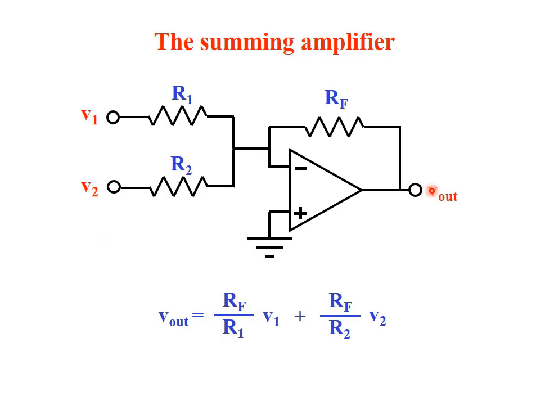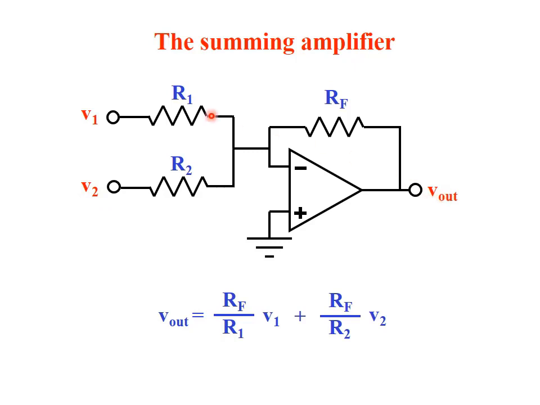So how do we calculate the output for this signal? As you can see, we are assuming the same closed loop gain of the inverting amplifier. So RF over R1 will be the gain for V1, and RF over R2 will be the gain for the signal V2.